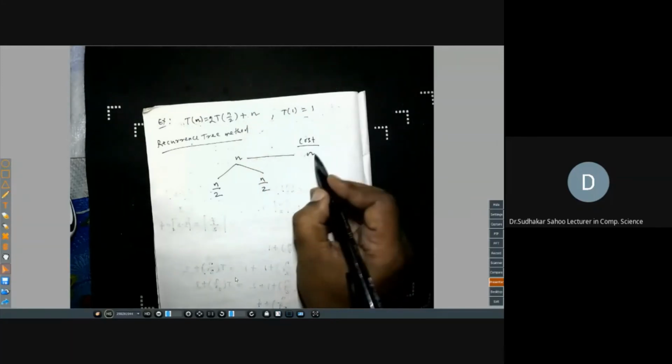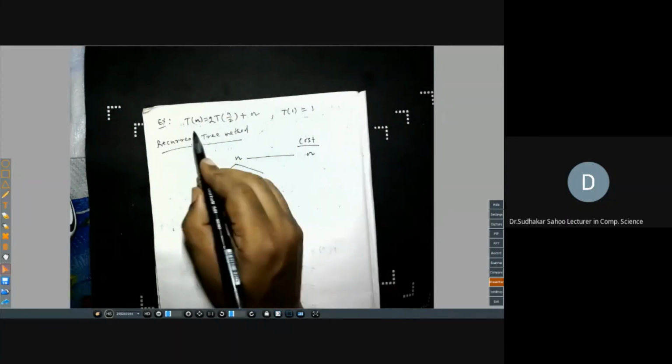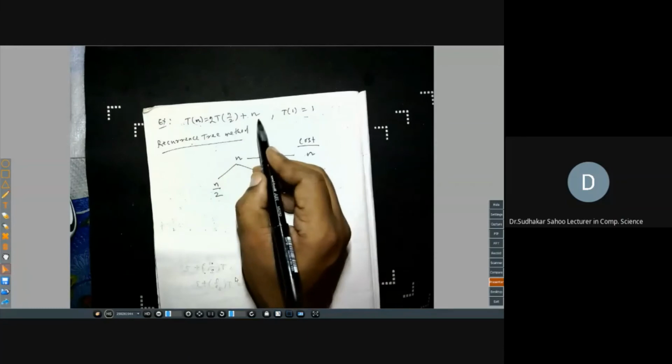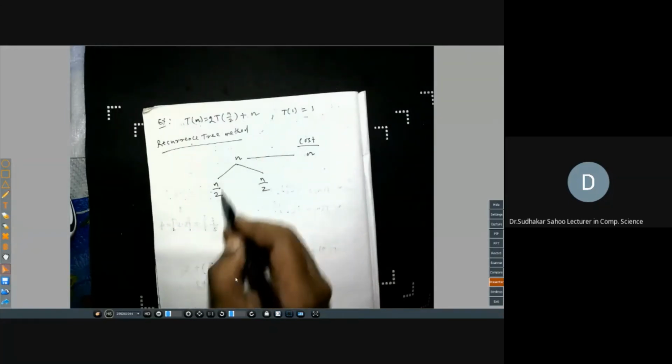That cost is n. So this is the interpretation of this recurrence equation: if n is my array size, input size, I am dividing into two sub-problems, each of size n by 2, and the cost associated is n, whatever is given here. That is your cost.